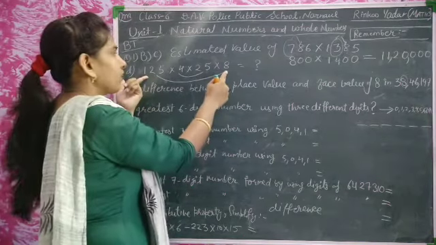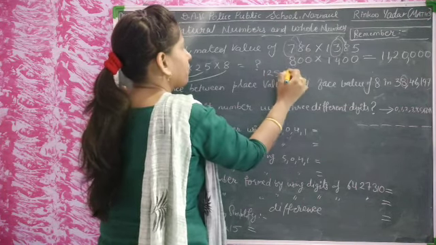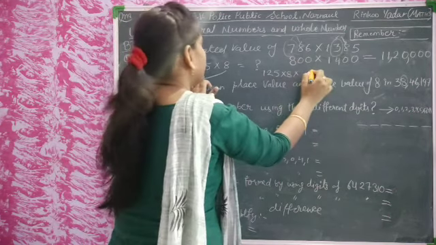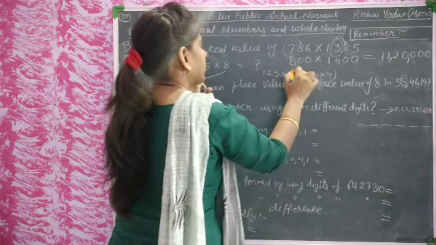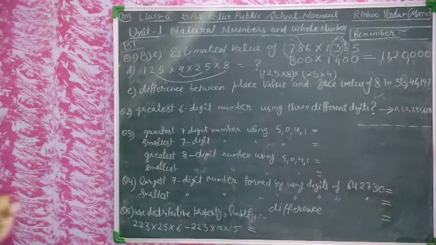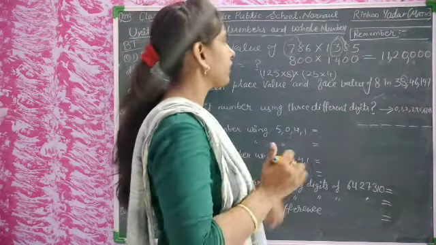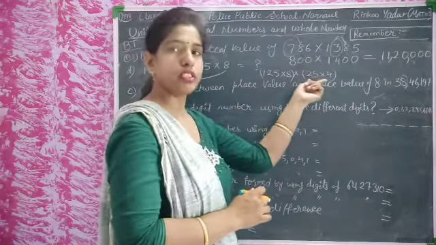So we are taking here 125 into 8 first, and then 25 into 4. Let's do 125 into 8 into 25 into 4. We are grouping these numbers.